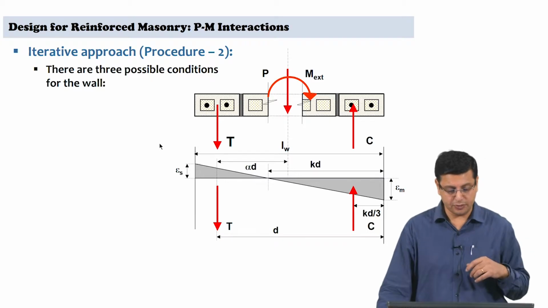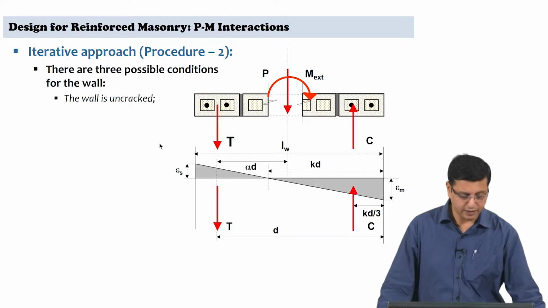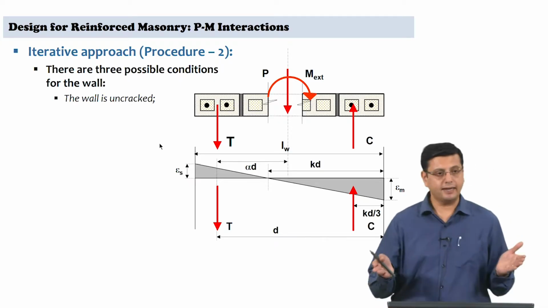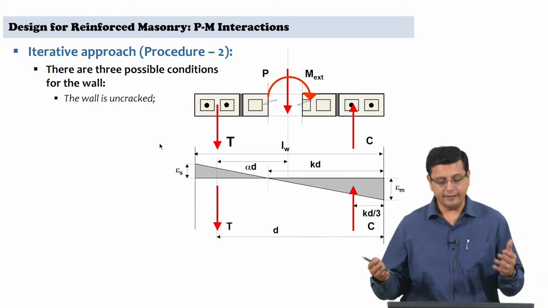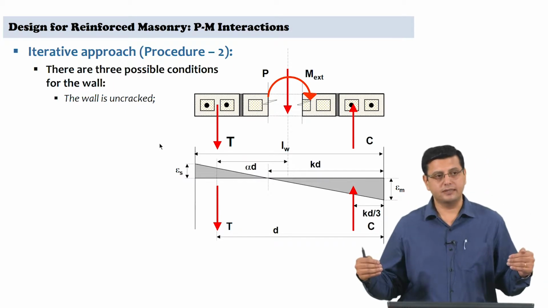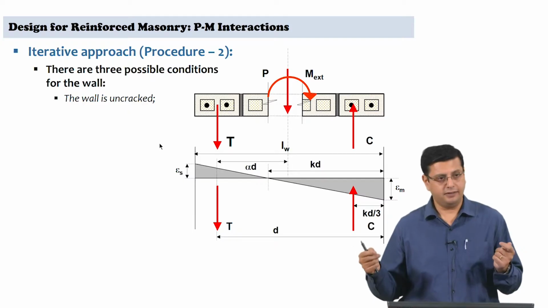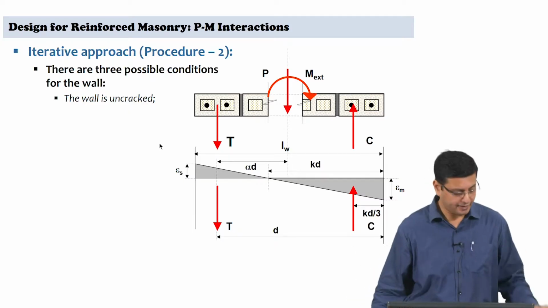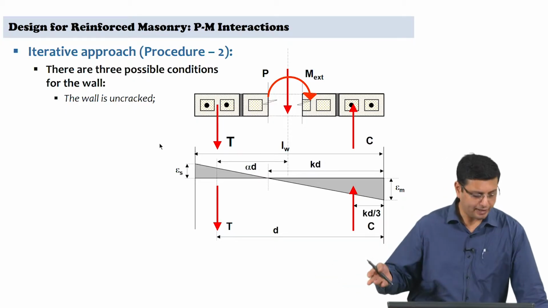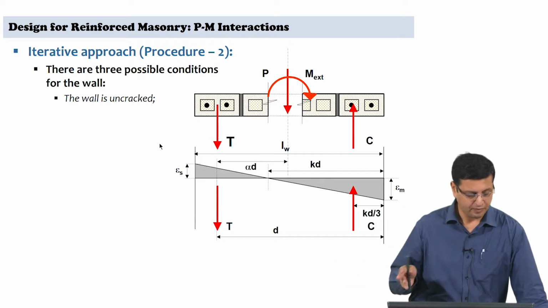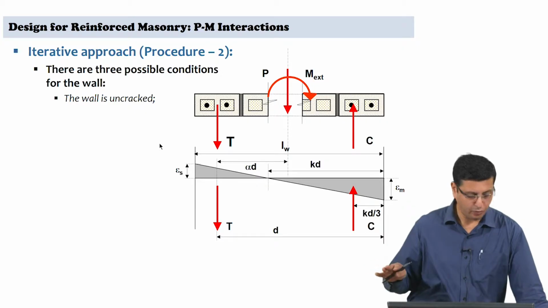The first condition is that the wall is uncracked. You have some amount of bending in the wall, but predominantly you have compression. The entire wall is in compression and the section is in an uncracked situation. All the bars, if you are providing bars, are in compression.